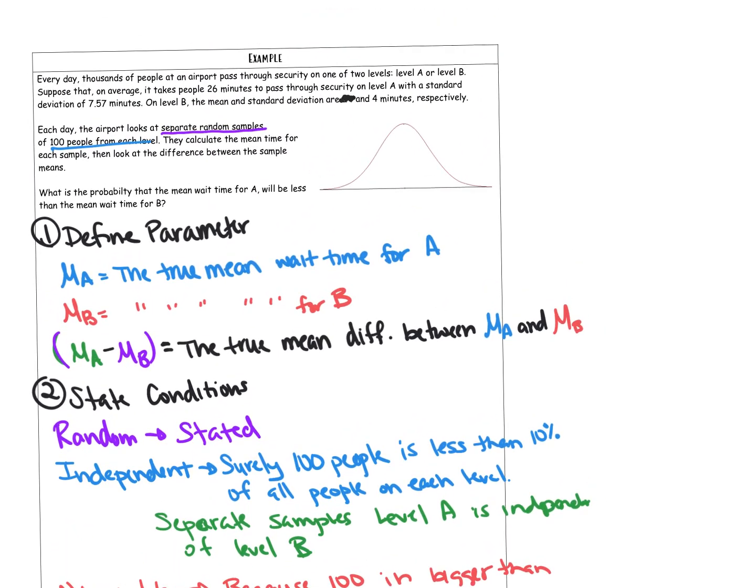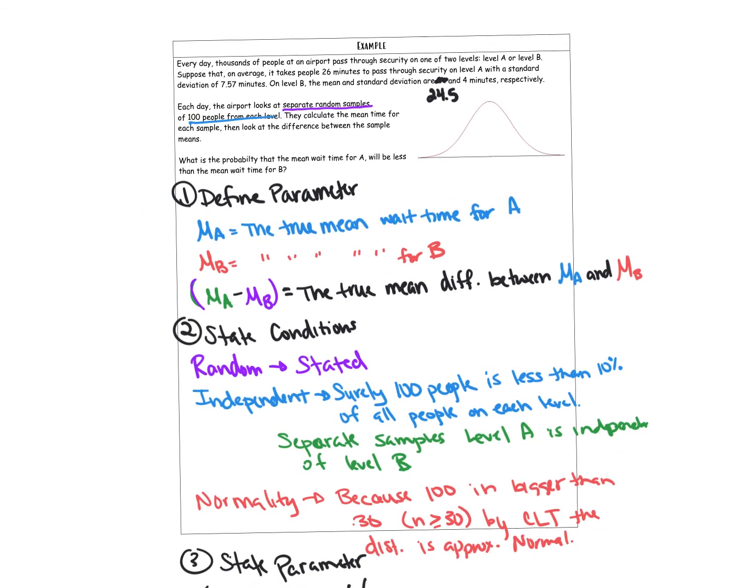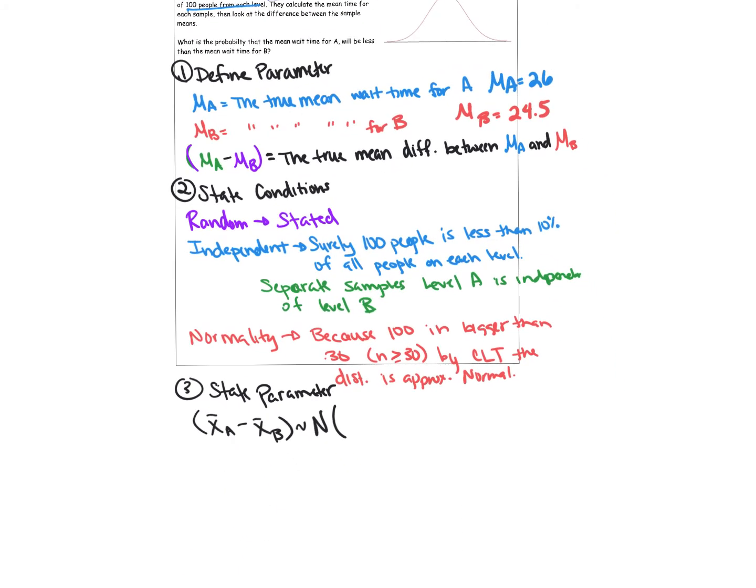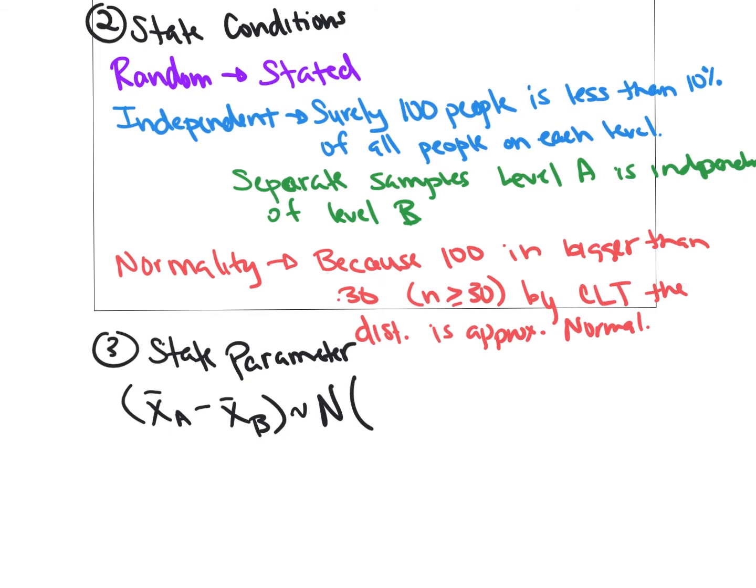So mu of A was equal to 26, mu of B was equal to 24.5. If I want to find the difference between those two, 26 minus 24.5, it's just 1.5.